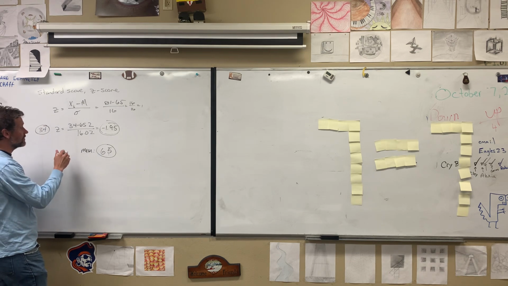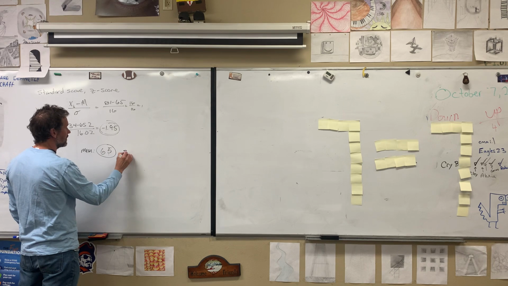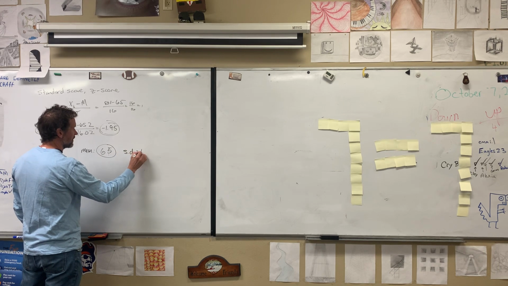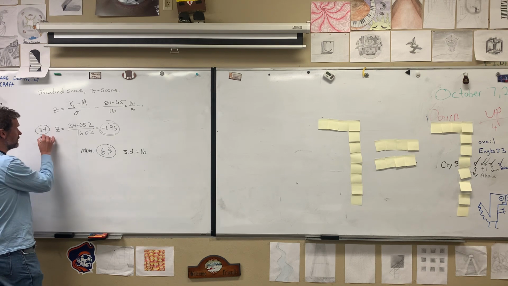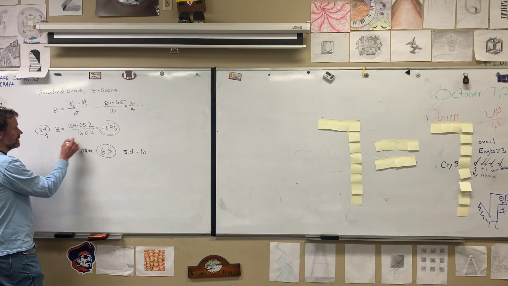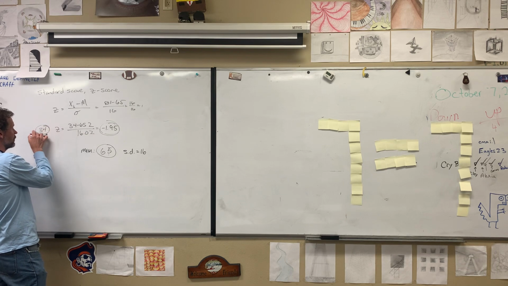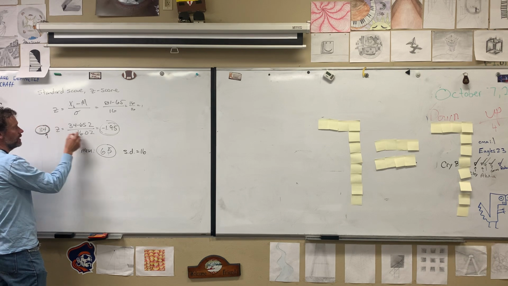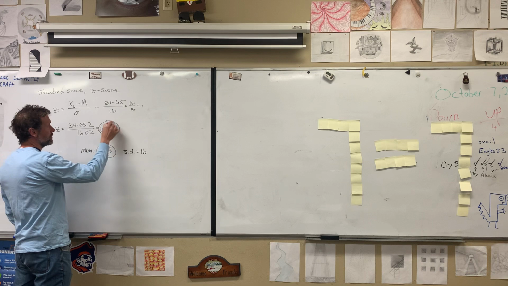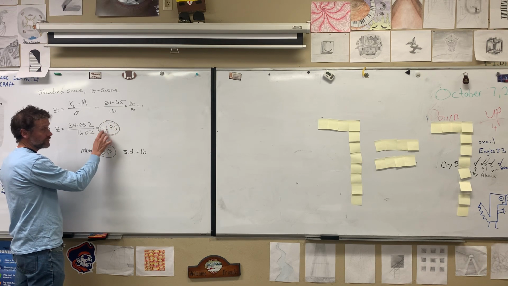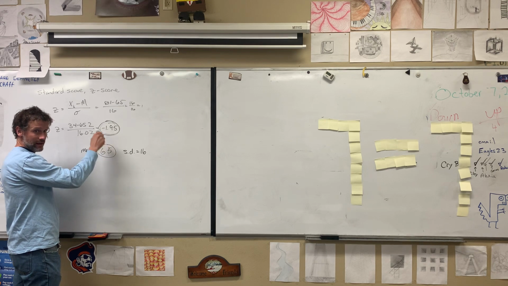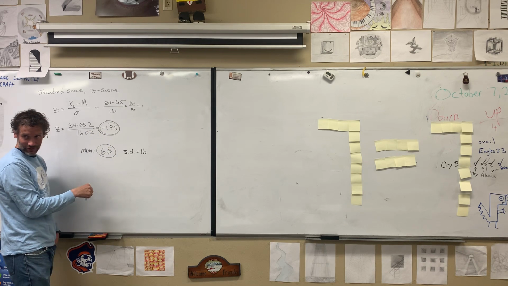In this example, the standard deviation was 16. So if your score on the test was a 34, your z-score was negative 1.95, which means you're almost 2 standard deviations away in the wrong direction, the direction you don't want to go.